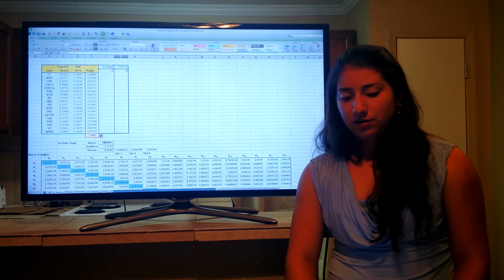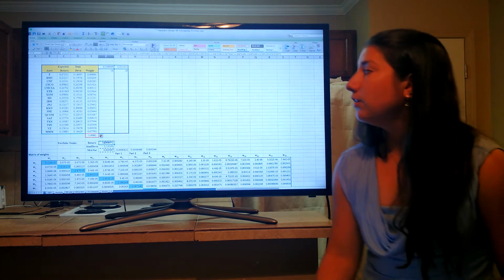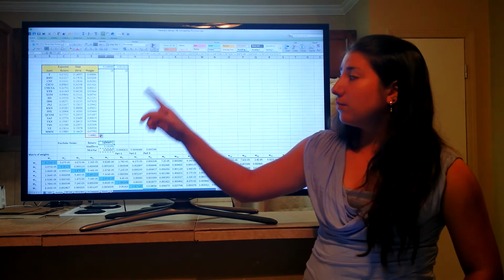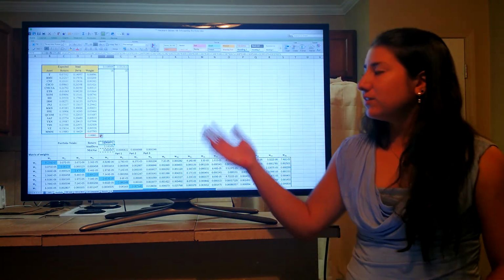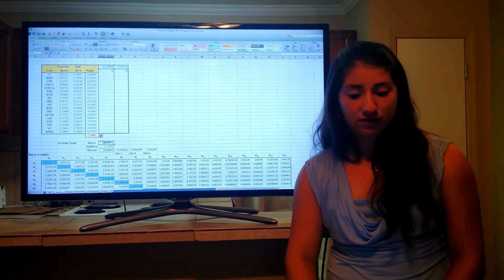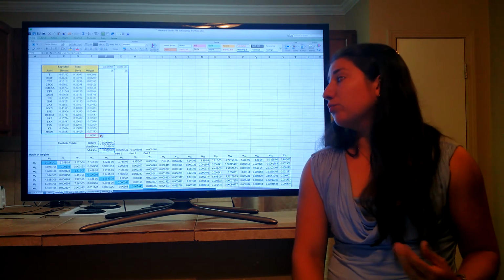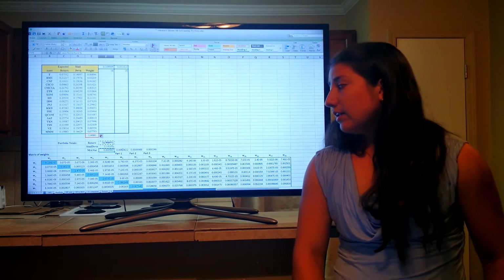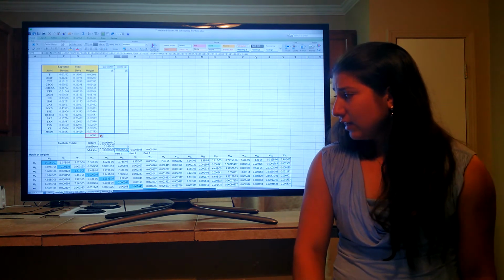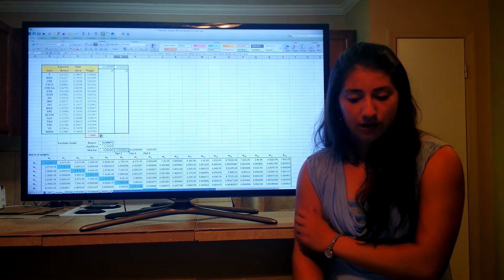How are these calculated? The expected return is the sum of the expected returns times the weights of each of the assets, and the standard deviation is the square root of the Markowitz variance. And how did we calculate this?